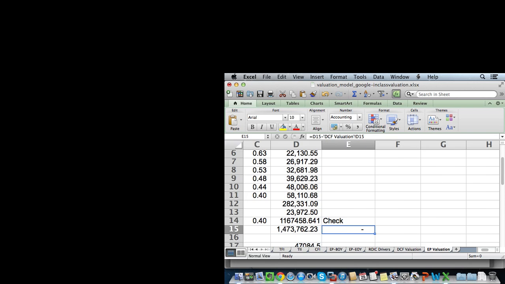And I wanted to show you that it really is 0, meaning there's no errors, there's no off by $1. Right? If you're off by $1, you made a mistake, because that's the point. If you use the beginning of a year as invested capital in your calculations consistently, you will get exact. Right? Now, I'm not saying you couldn't do a valuation using end of year, right? But at least I wanted you to start out by seeing that just rearranging the equations, you get the exact same answer.